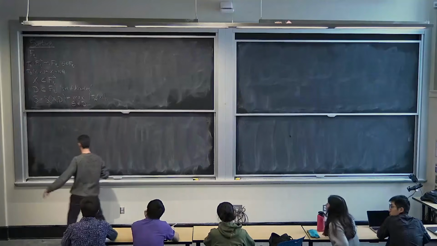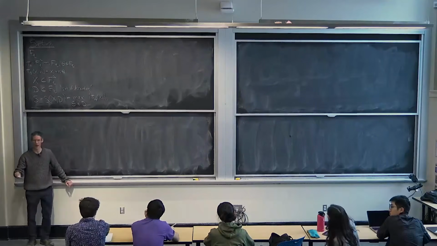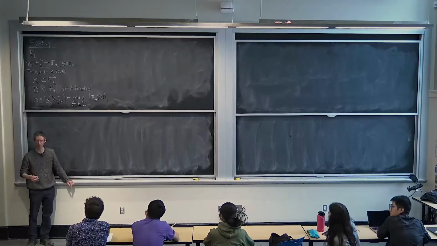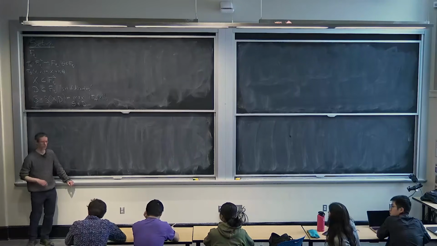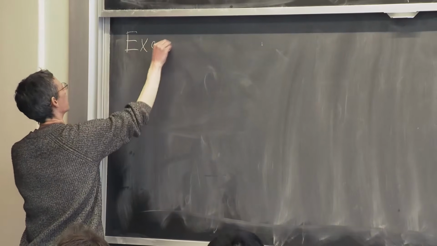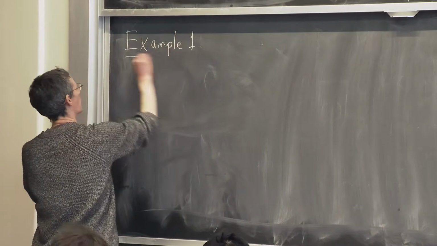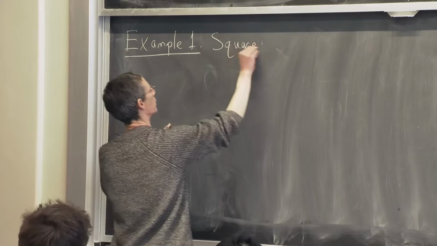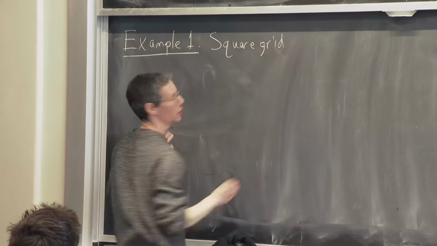So let's look at a couple of examples. And then after that, I'll tell you some theorems, what we know, and some conjectures, what we think might be true based on the examples. So the first example is a square grid. Or integer grid.